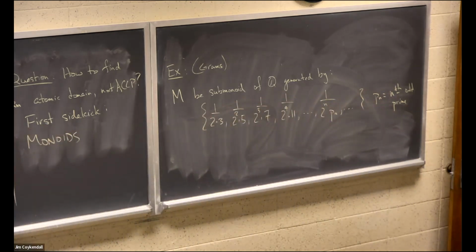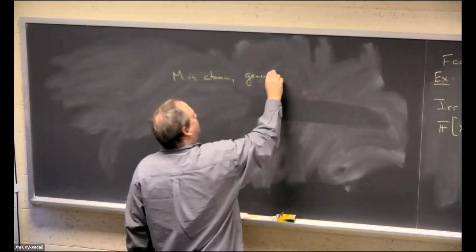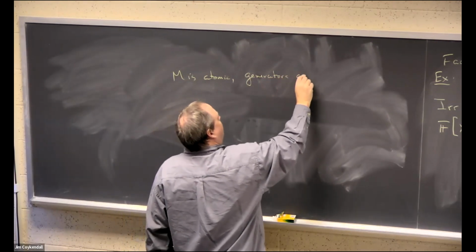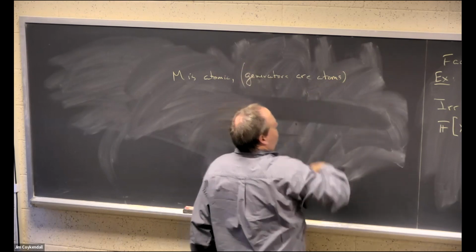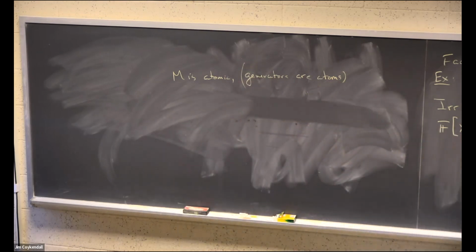In the sense of factorization in monoids, it turns out that M is an atomic monoid. The generators are atoms. In fact, you can show that in this monoid, none of these elements can be decomposed into smaller elements that are still in the monoid.